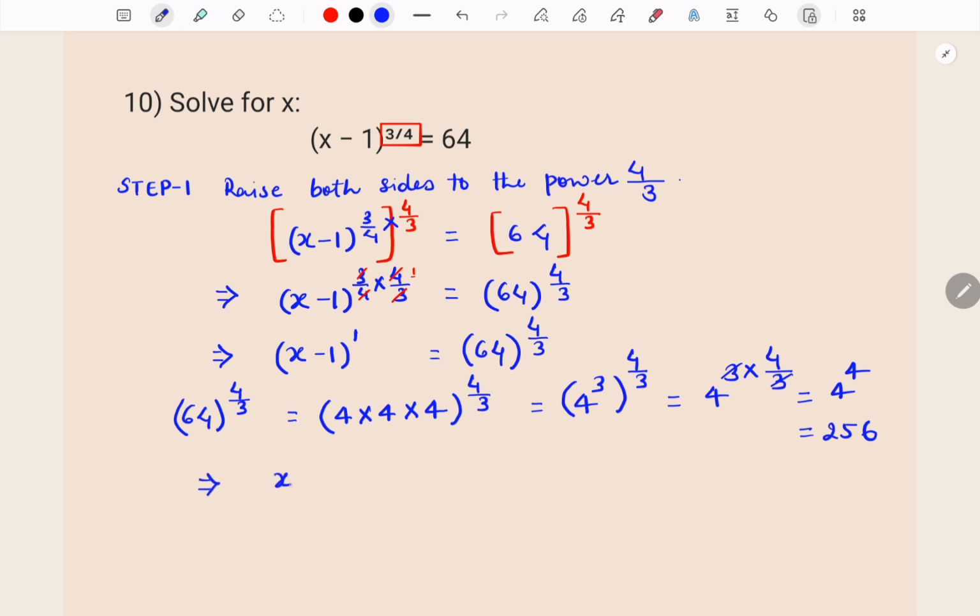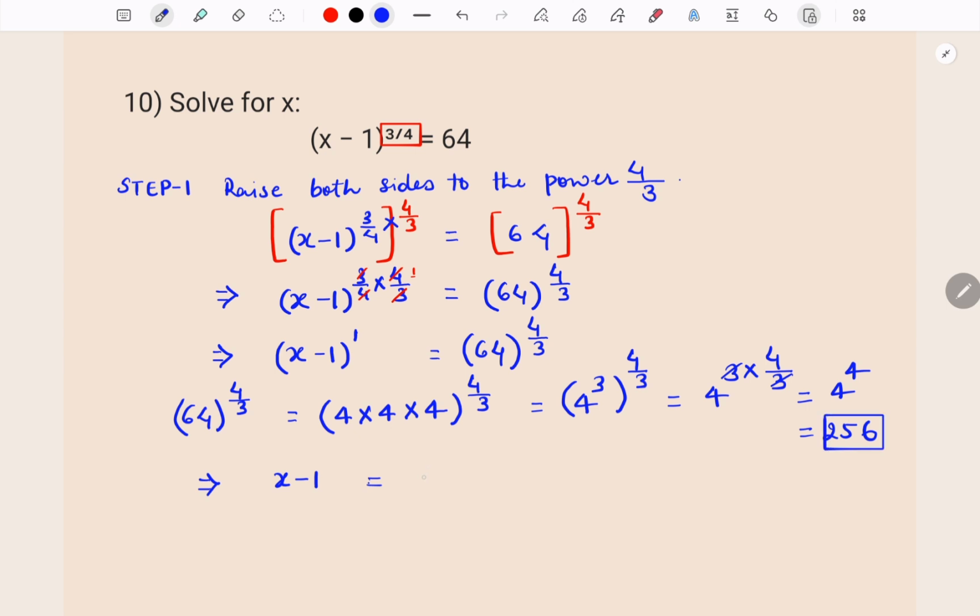Now we can go back to the equation. We have x minus 1 raised to the power of 1. We can omit the power of 1 because it will not change the value at all. So we have x minus 1 equals 64 raised to the power of 4 over 3. We just found out that that is actually 256.